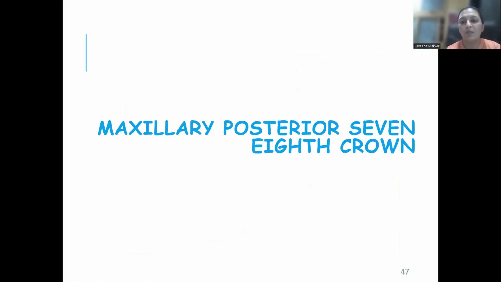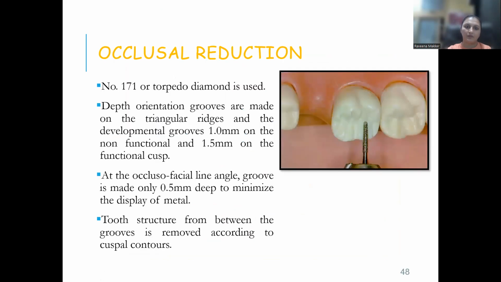Then is the maxillary posterior 7/8 crown. Okay, the first step is the occlusal reduction, which is done with number 171 burr or torpedo diamond. And depth orientation grooves are made on the triangular ridges and the developmental grooves, 1 millimeter on the non-functional and 1.5 millimeter on the functional cusp.